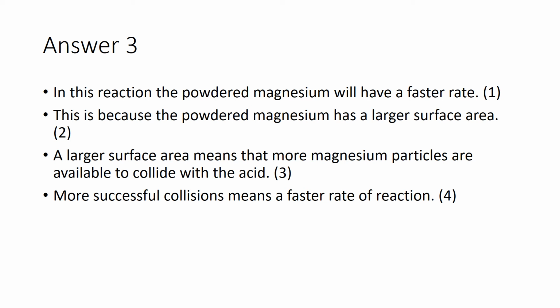A larger surface area means that more magnesium particles are available to collide with the acid. That's your third mark. More successful collisions means a faster rate of reaction. That's mark number 4. Now, as I said before, if you have not got any of those points in your answer, make sure to jot them down and add them to the answer that you have put down.